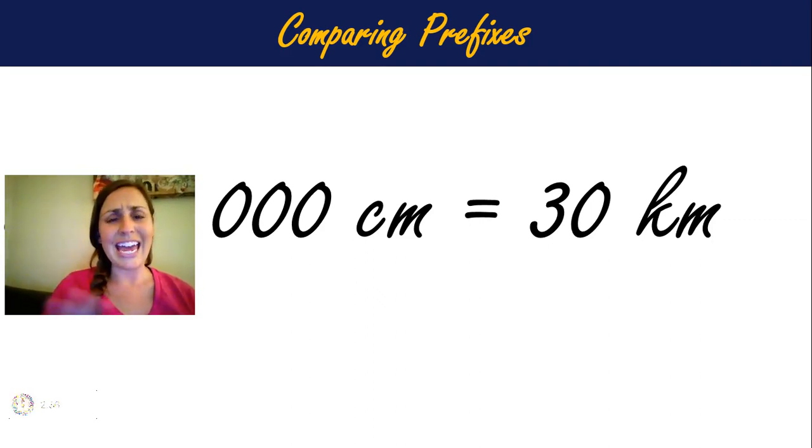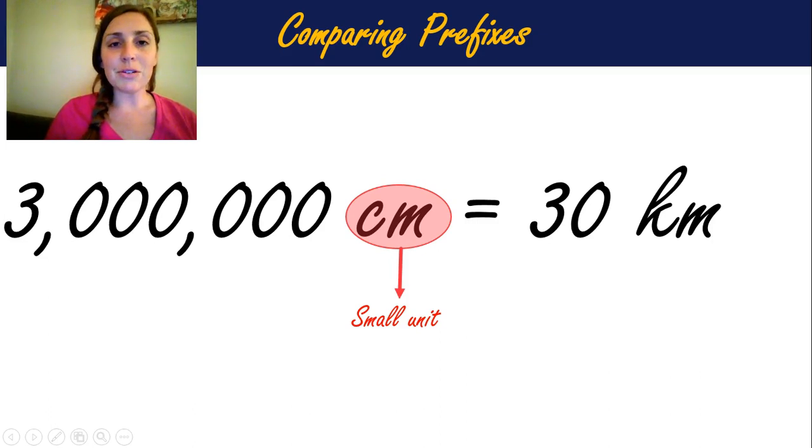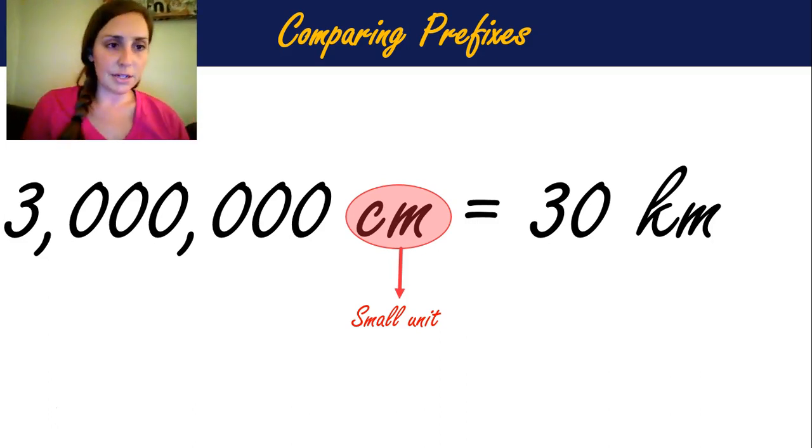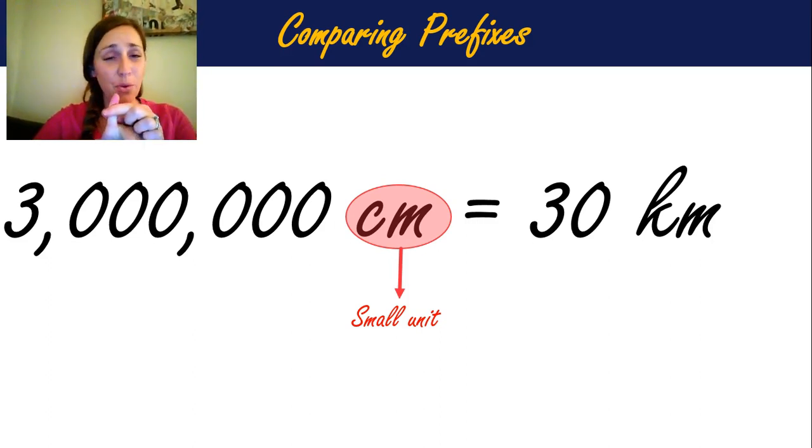So let's just analyze what's big and what's small in what we're looking at. Centimeters is a really small unit. This is relative, so compared to a picometer it's not, but compared to a kilometer, a centimeter is really small. Remember I said in the last video, the centimeter is about the width of an average adult pinky.